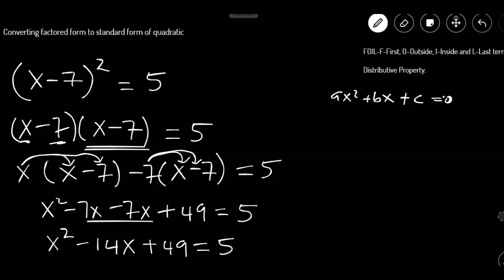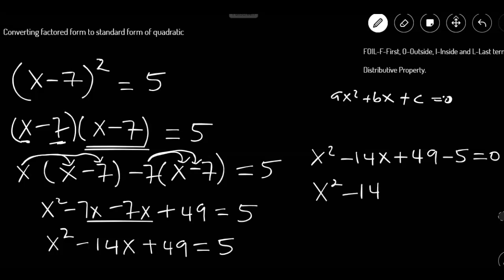So we get our x squared minus 14x plus 49 minus 5, and here becomes 0. Finally, we get x squared minus 14x, and then 49 take away 5 gives us 44 equals to 0, and ta-da, we're done.